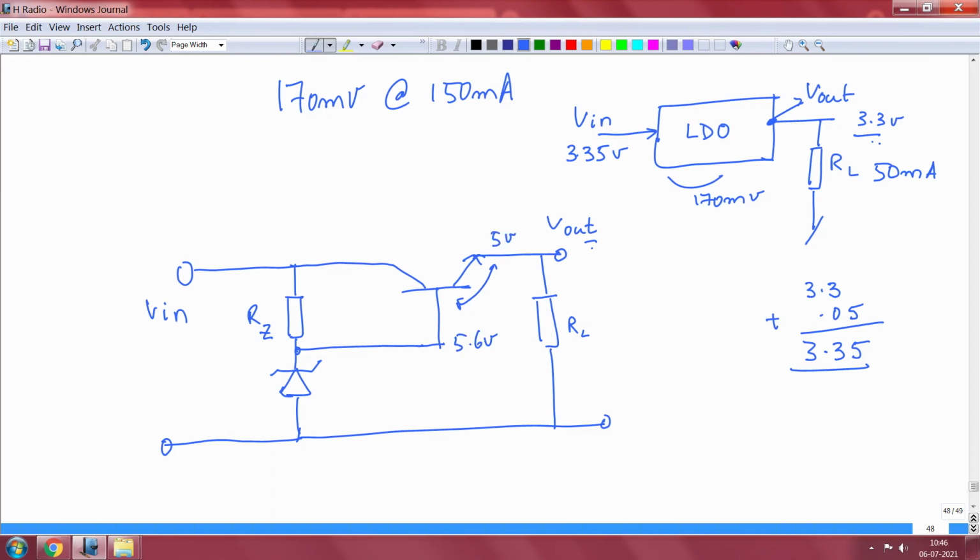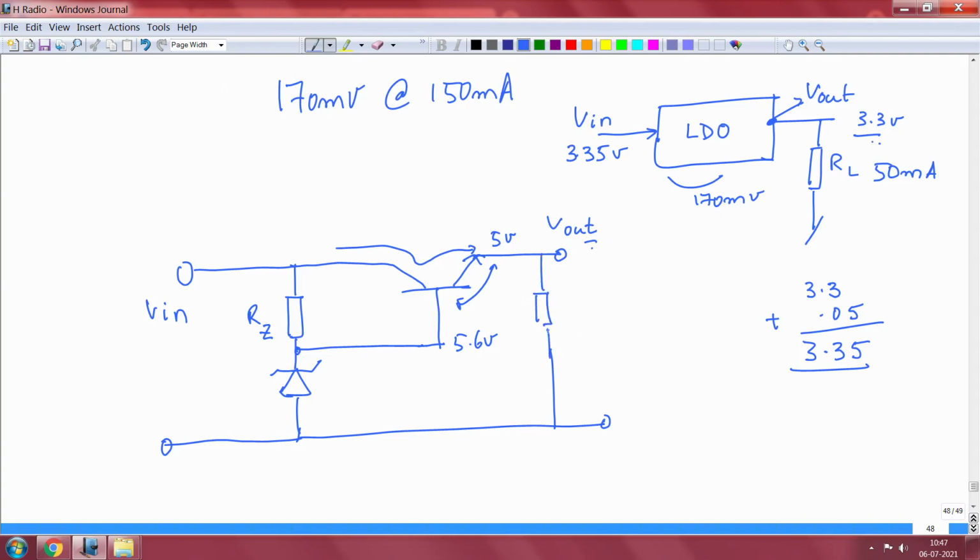Any amount of current that is drawn will simply go through this series element. Basically you are changing the conductance of this series pass transistor, which allows you to draw various amounts of currents based on what the load requirement is. In our embedded world, sometimes R is a very high value and sometimes R is a very low value, right.